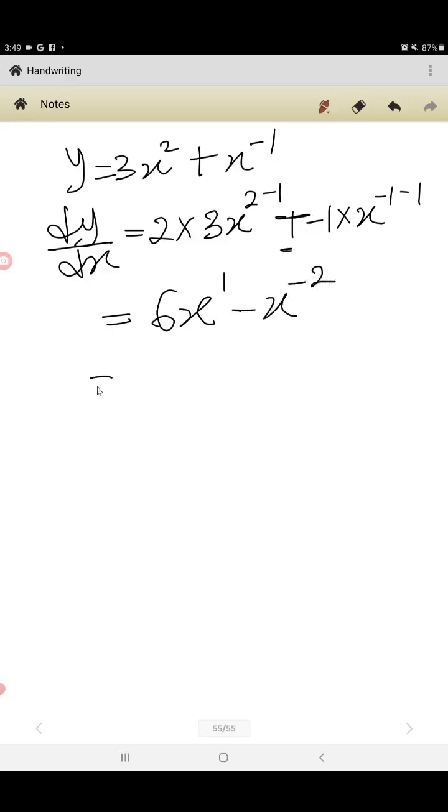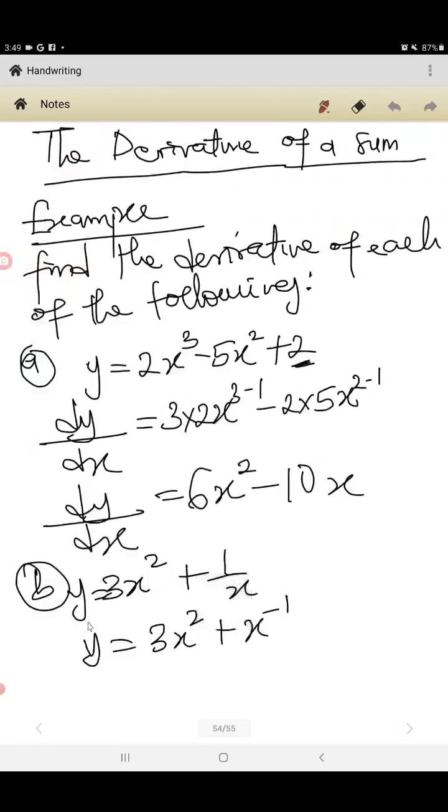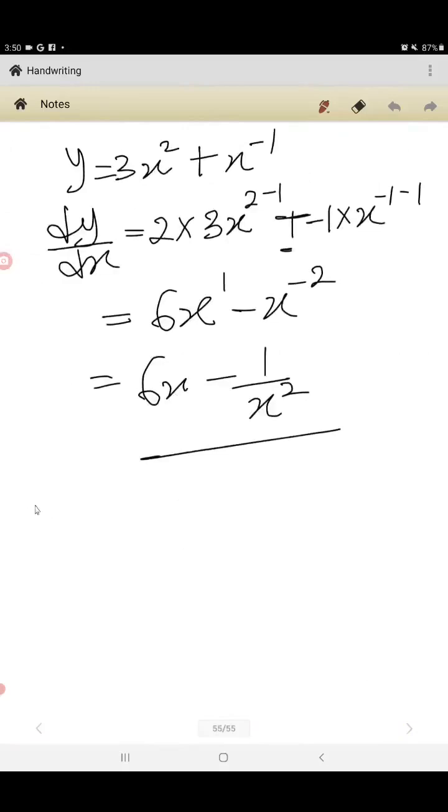Applying the indices again, we have minus 1 over x squared. This is just the derivative of y is equal to 3x squared plus 1 over x. So let's continue to another example.